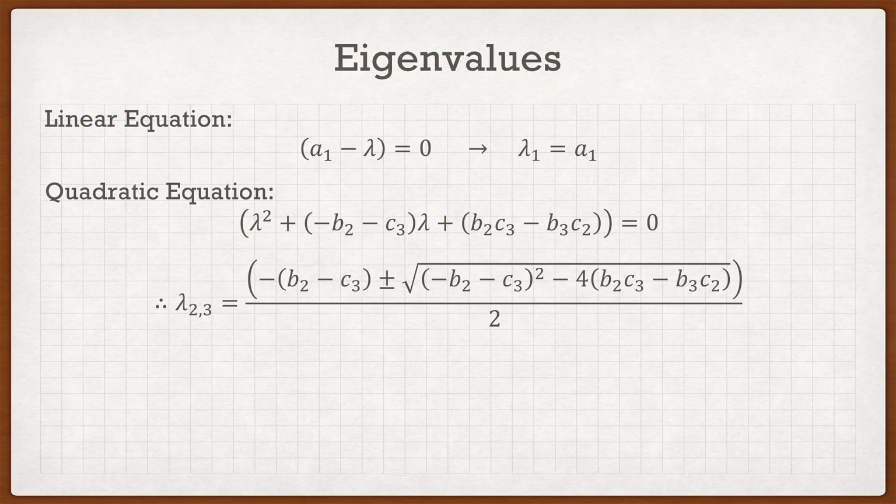Therefore, lambda 2,3 is equal to this equation, where the difference between lambda 2 and lambda 3 is the plus or minus just before the square root sign. The reason I wanted to highlight this is because in this quadratic equation, we have a square root sign, and as I told you, to get an imaginary number, we need a negative inside of the square root.